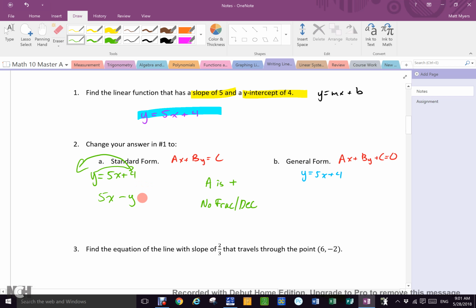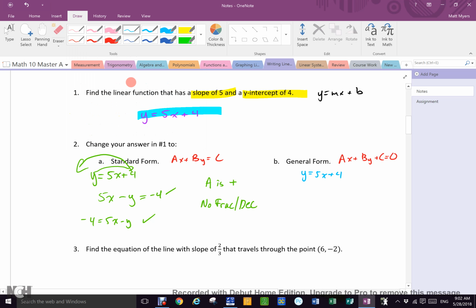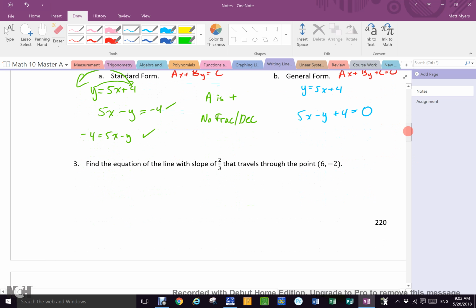Which would mean it will turn negative. Is this the same as negative 4 equals 5x minus y? Yes, they are both acceptable. The only difference over here, the 4 joins everybody else, and I have 5x minus y plus 4 equals 0. Is everybody good? It's the easiest thing we can do in this unit.